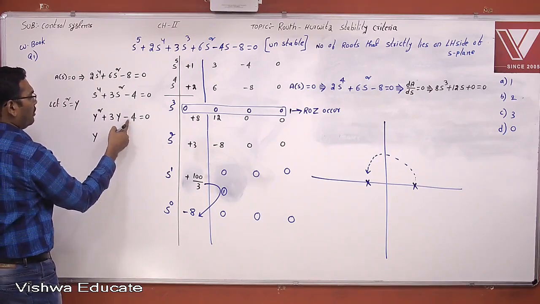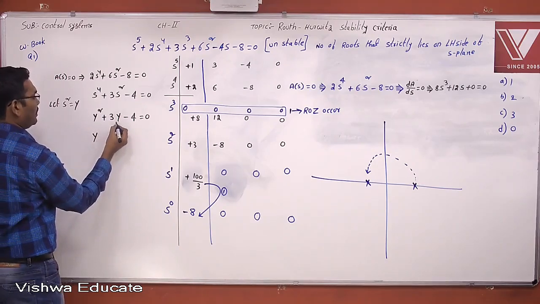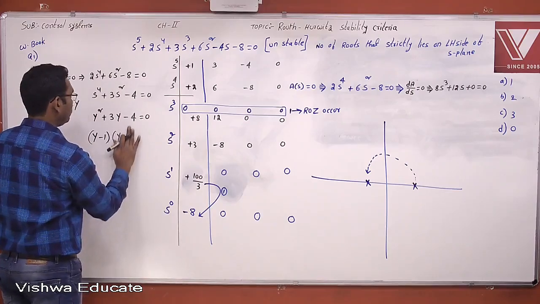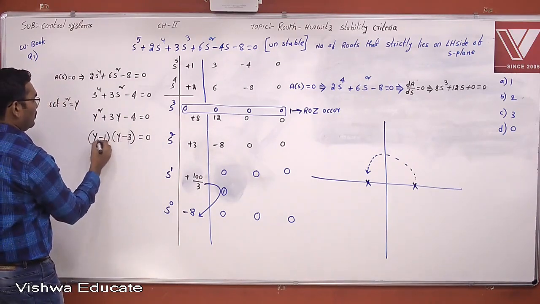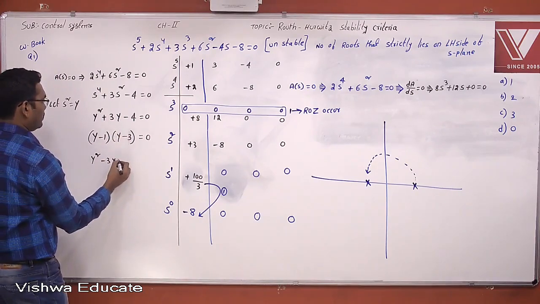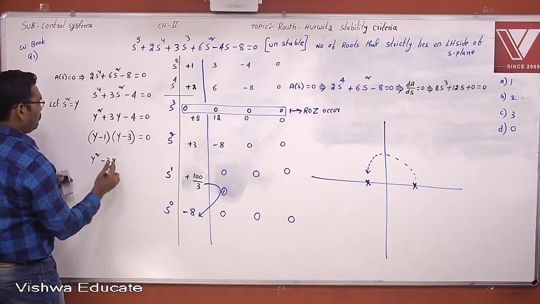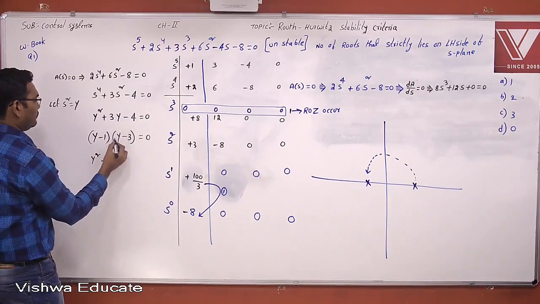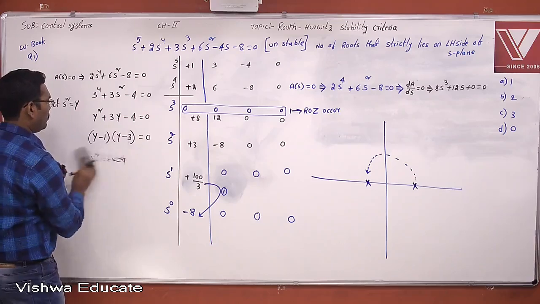Now can I write like this: 4 is 1 into 4, so this is (y - 1)(y + 4). Expanding, y into y is y^2, then plus 4y, minus y, and minus 4, so we can write like this, right?